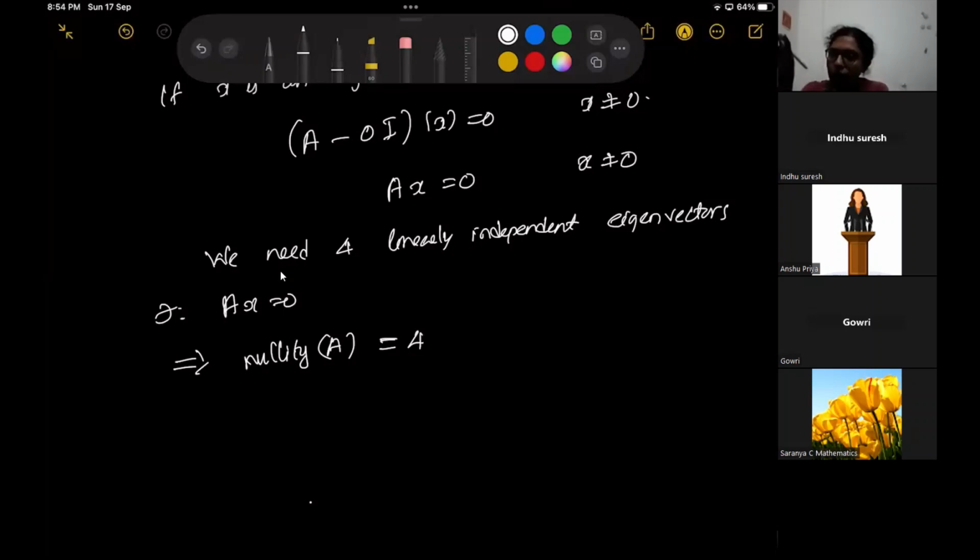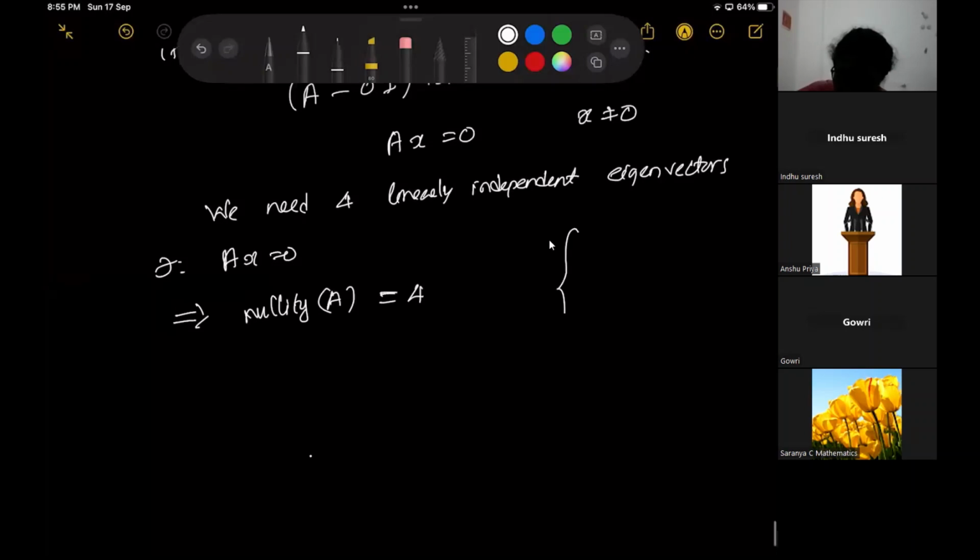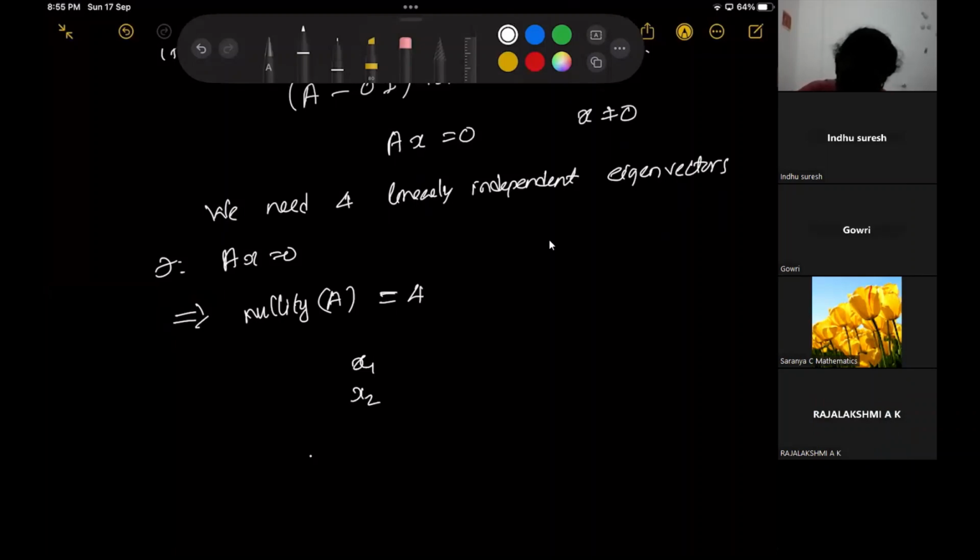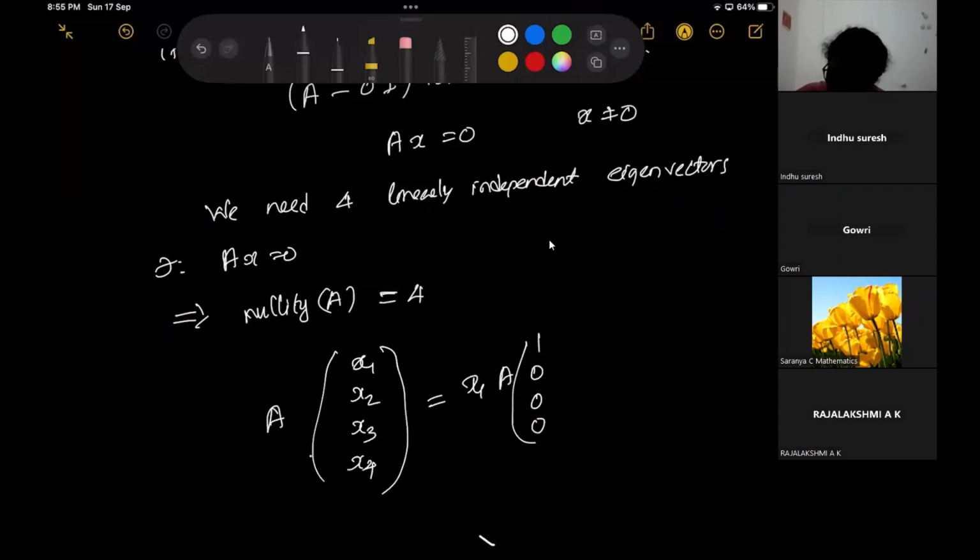So Ax equals 0 for all x. For example, taking any x1, x2, x3, x4, we can write Ax equal to x1 times A(1,0,0,0) plus x2 times A(0,1,0,0) plus x3 times A(0,0,1,0) plus x4 times A(0,0,0,1). Correct?